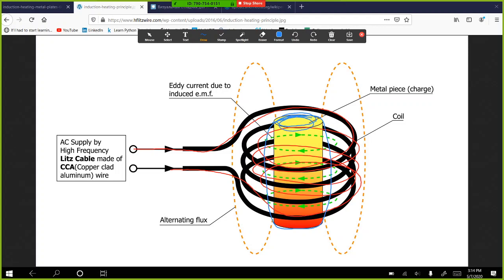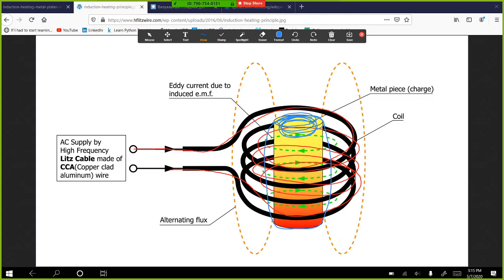Due to the change of magnetic flux inside our workpiece, there occur eddy currents inside the metal piece, and these eddy currents are in fact the electrons that are moving, and these electrons make our metal piece heat up.